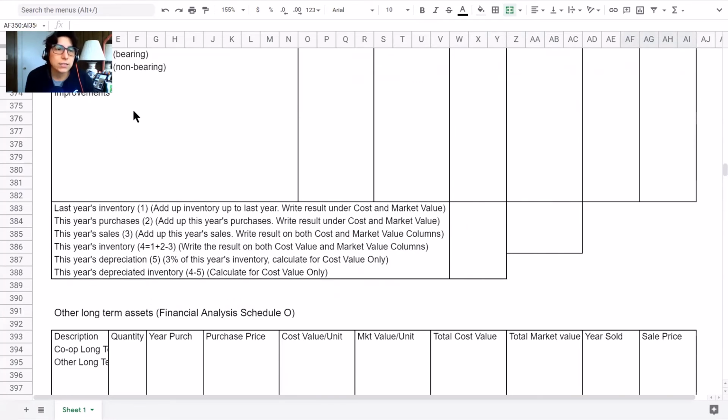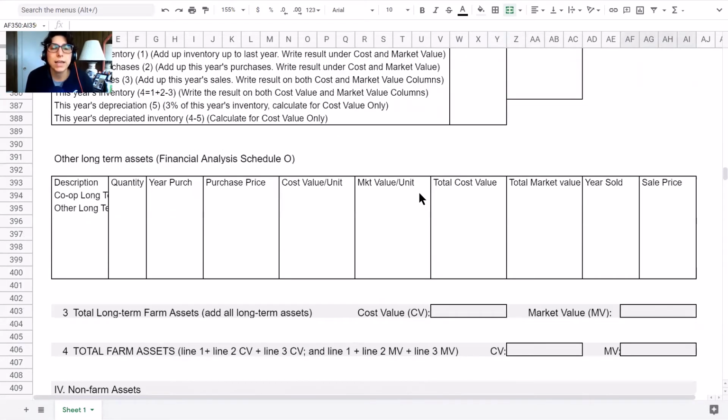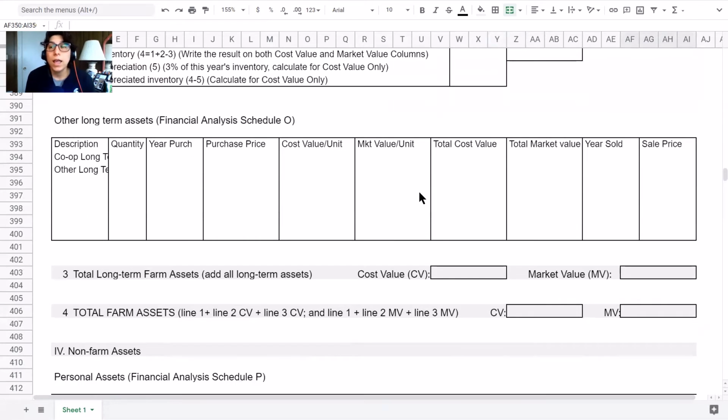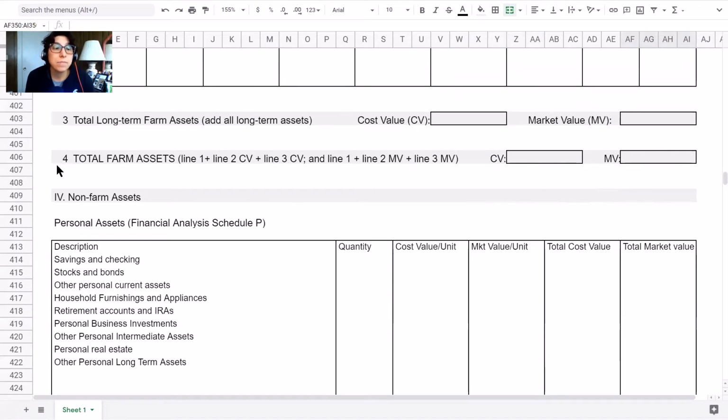And again, these suffer from depreciation. So there's this bottom table to do the same math here, as I explained before. Other long-term assets include co-op shares valued as of the date of the statement.